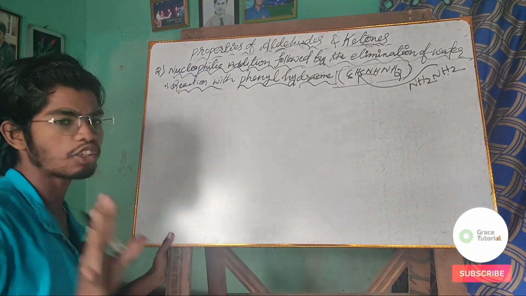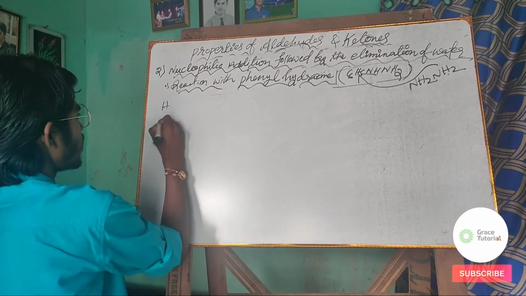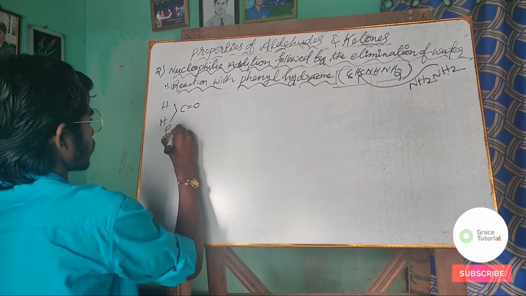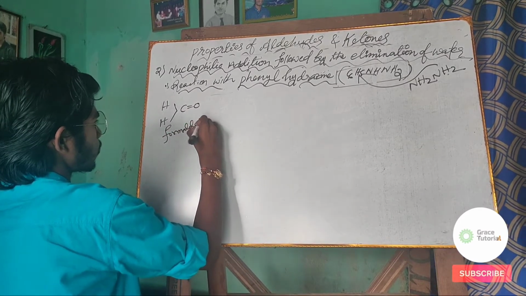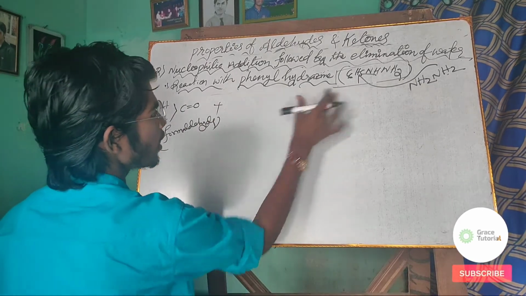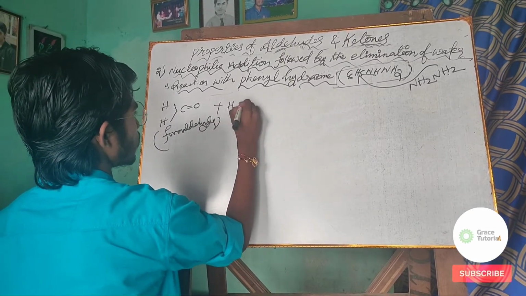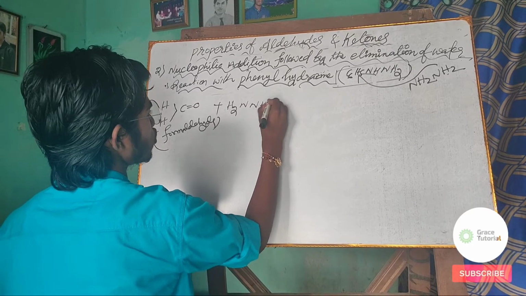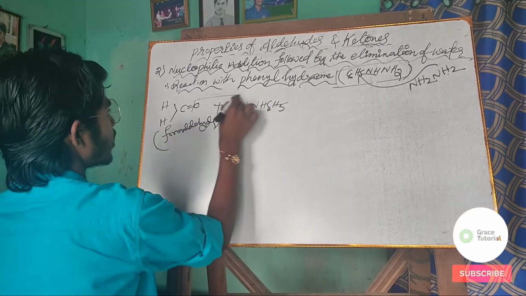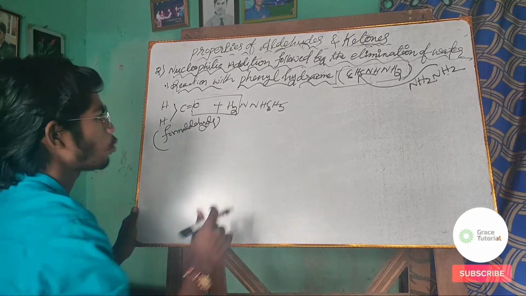This is phenylhydrazine. So the formaldehyde is there with me. When this formaldehyde reacts with phenylhydrazine, that means H2N NH C6H5. Why did I write it so? Because it will be easy for me to eliminate the water molecule.